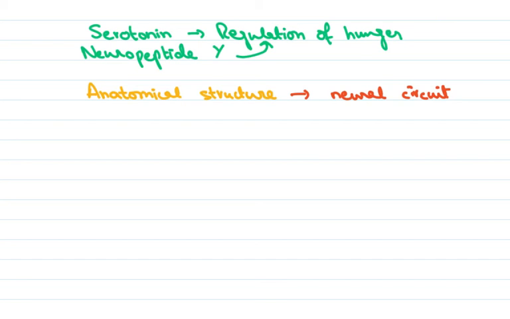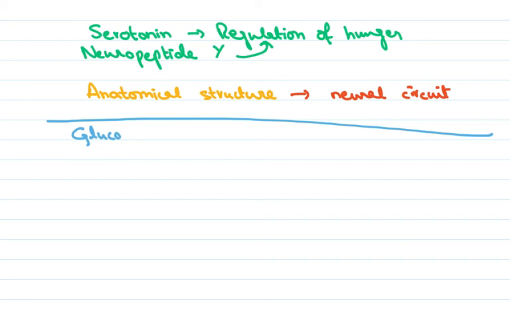For example, one of those is that it's the level of glucose which controls hunger. If your glucose level is high, you will feel less hungry, because there are structures in the brain called glucostats, which are sensitive to the amount of glucose present in the blood.